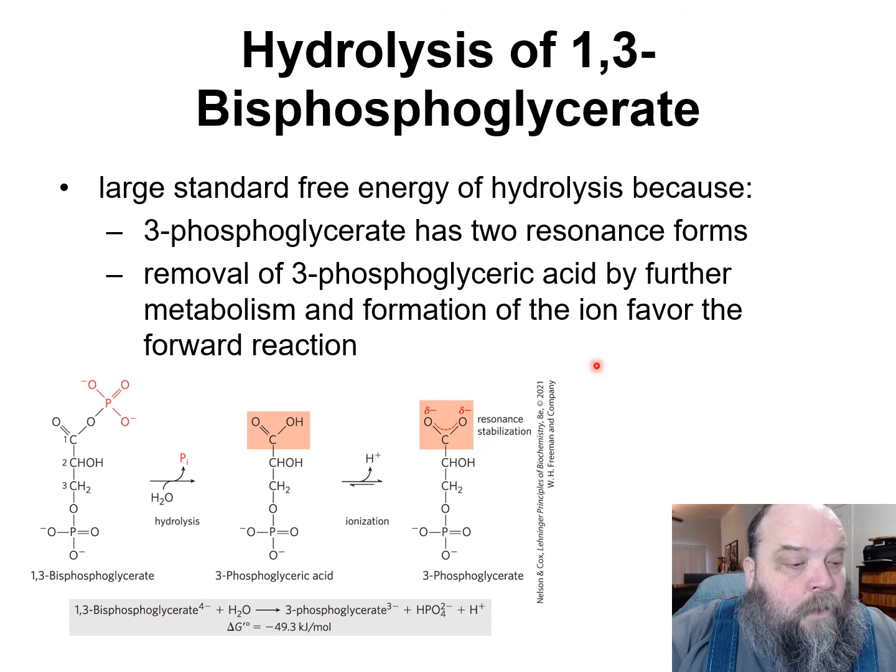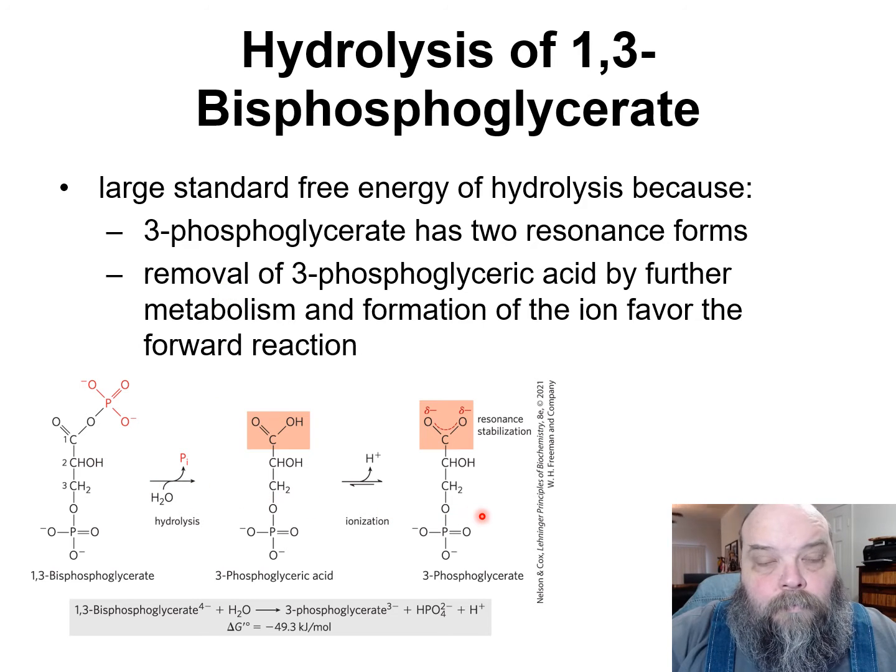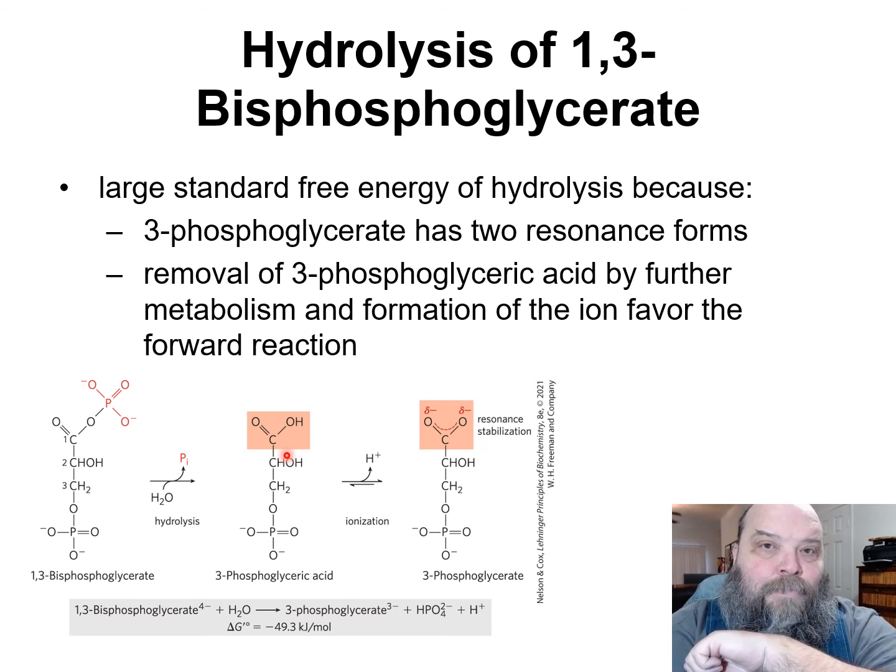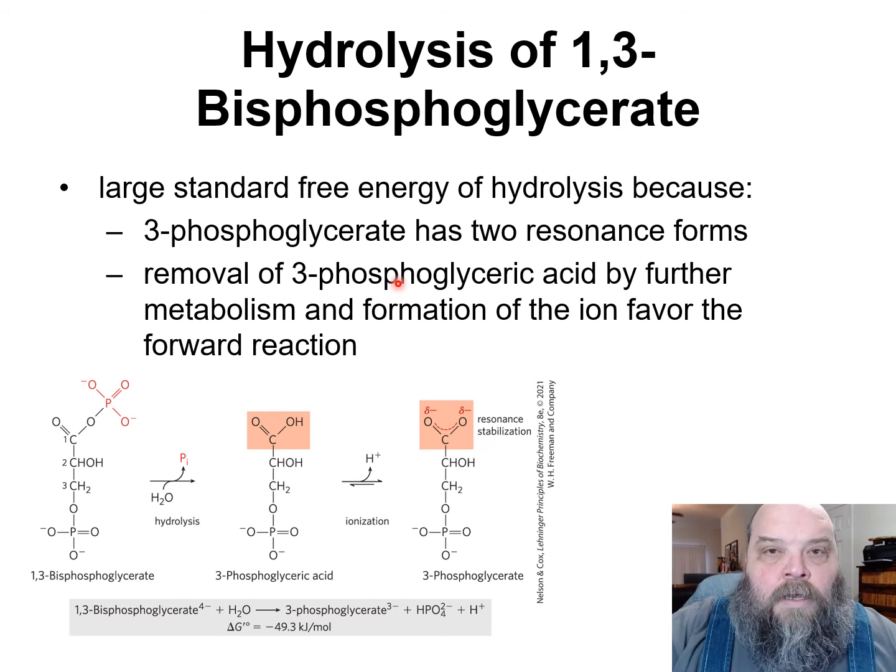Excuse me. When you look at many other reactions that are going to be occurring in glycolysis, occurring in the citric acid cycle, some of the products of this hydrolysis of the phosphate group are going to be of such a structure that it will have this tautomerization, this ionization that can occur.